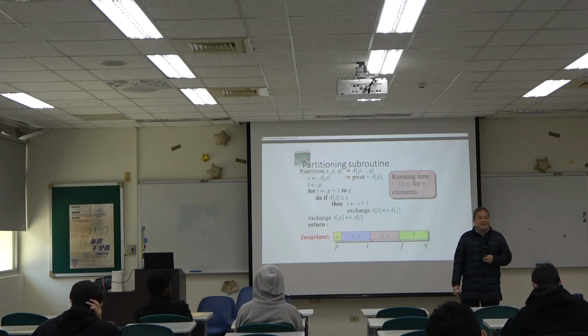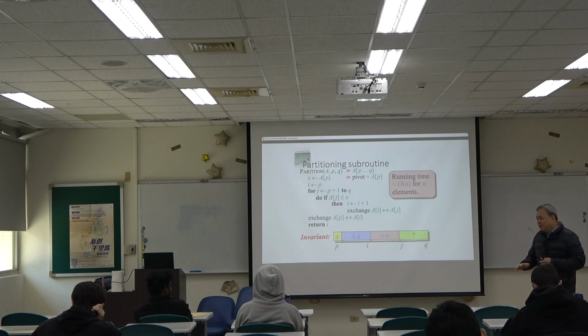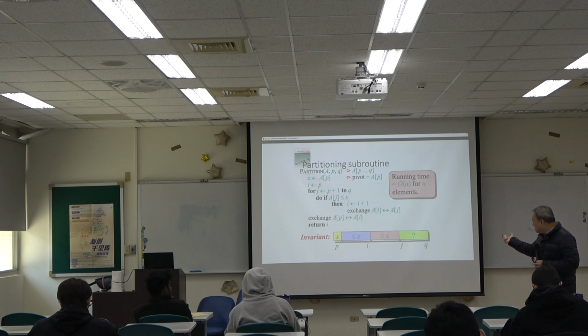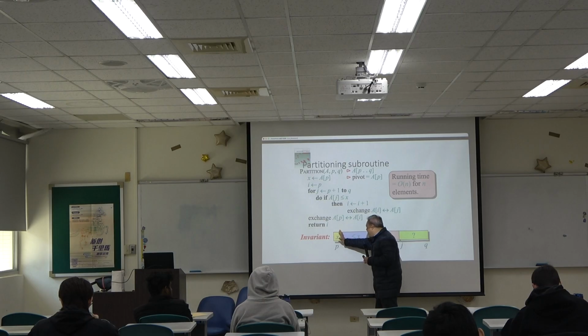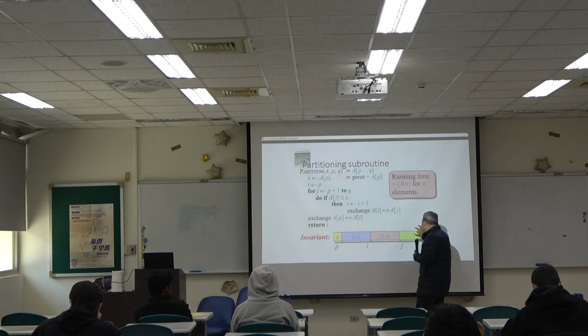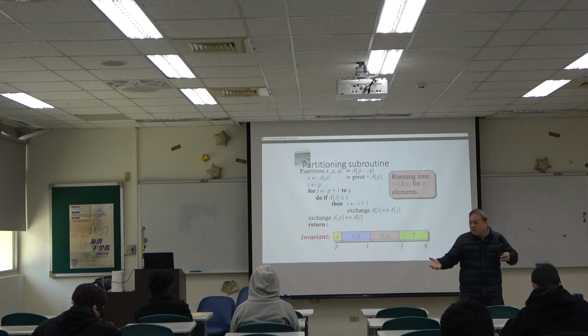We haven't processed it. So initially, before you start any processing, the purple and orange parts will be empty, right? Except for x, the pivot itself, all the other elements belong to green, because we haven't processed anything yet.